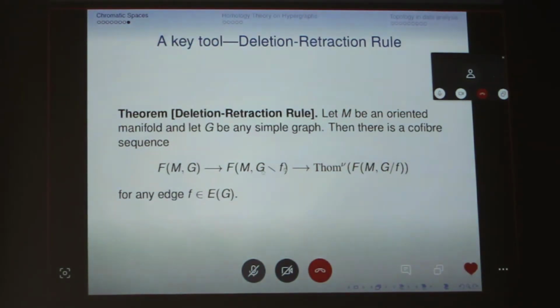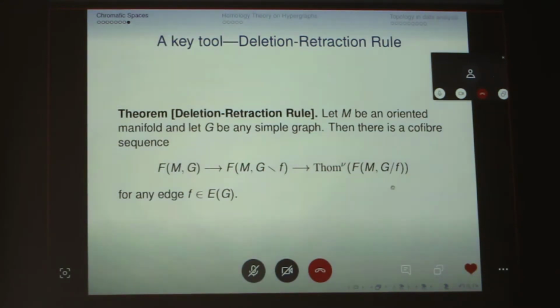You remove the edge F, and then the two ending vertices of F are glued together as one vertex, and we forget this edge F. So this will be a kind of inductive way to go to a general graph G.